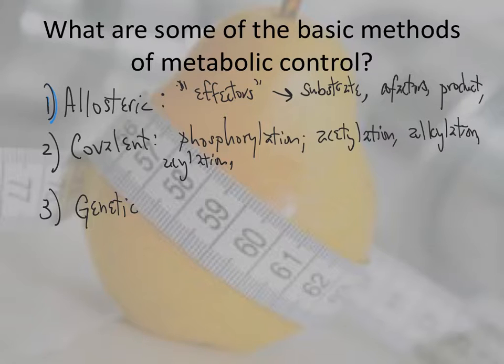The way that you can modify things is if you just don't make any more enzyme, or you downregulate how much enzyme is there genetically, then it's going to help turn off that pathway. Or if you upregulate, turn on transcription of specific enzymes, and then it's going to increase that pathway. So this should make sense. People sometimes overlook it, but it should make sense. So this is literally the amount of enzyme present.